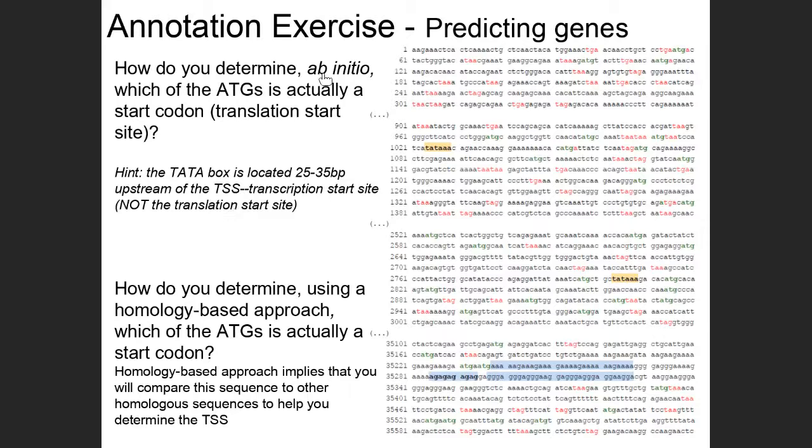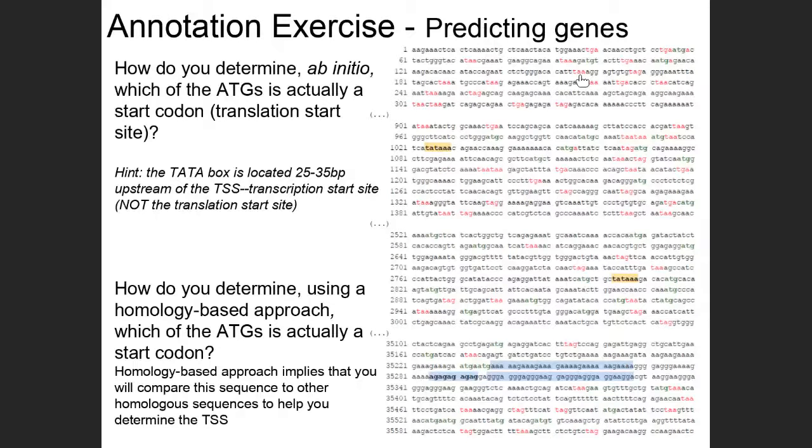And so this is what I was saying when I said ab initio, from the beginning. The software is looking for those cues. There is another approach that's called homology-based. We give BLAST this sequence, and we say, BLAST, if this was translated to protein, which protein would it be?